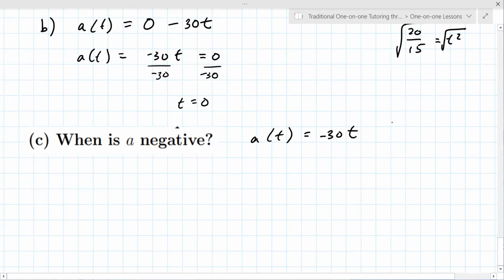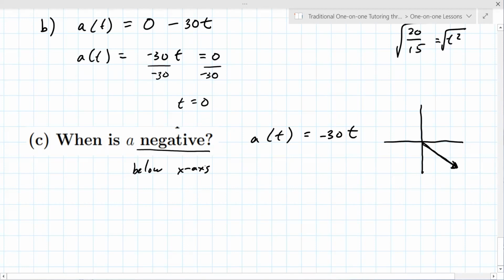If you were to graph this, it would look like this. This is what the graph of acceleration looks like. Negative means below the axis.